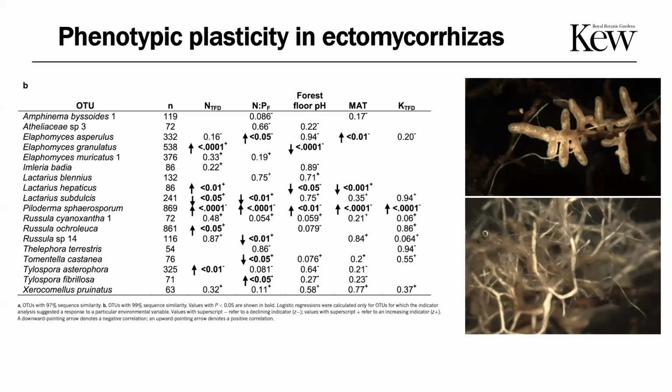They try to adapt. This was supposed to be fixed within a species. We have observed this only over space. We haven't seen this over time, but we have seen that these fungi try to adapt to the environment by producing more or less hyphae or rhizomorphs.